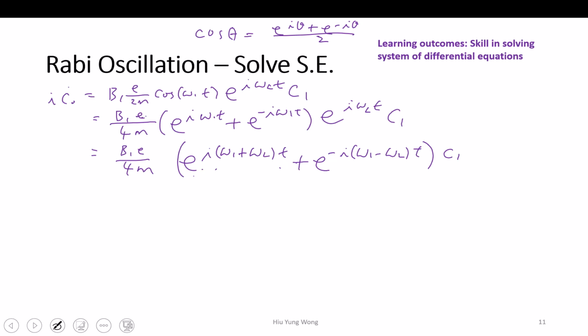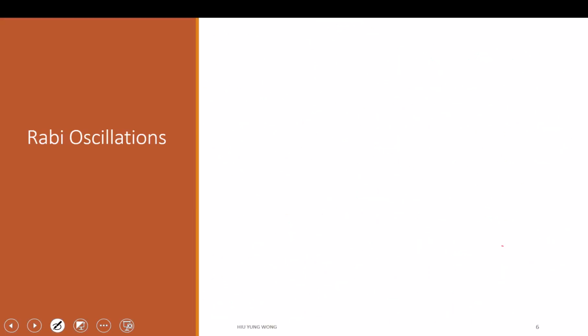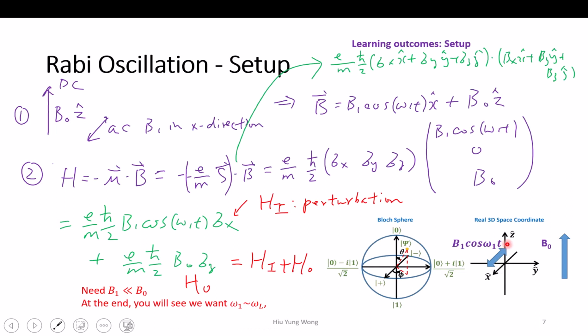Okay. Now, if I put omega1 equal to omega_L, what does it mean? It means the magnetic field in the x direction oscillates at the same frequency as the Larmor precession, right? So let me go back to this figure. This magnetic field is oscillating, and at the same time, the qubit is precessing due to this external vertical magnetic field.